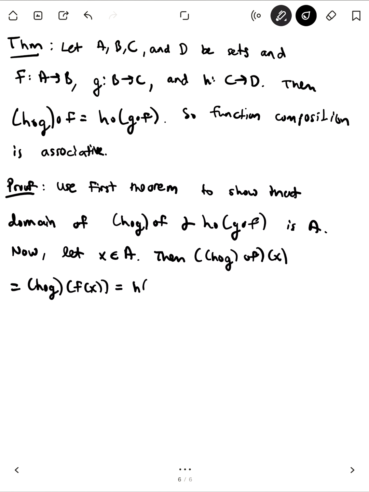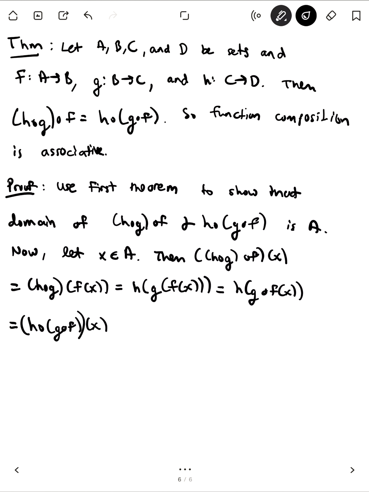Which equals h of g of f of x. And now you just work the composition the other way, and out comes the result. Okay, so again, it's just a game with functional notation, but it's still good.